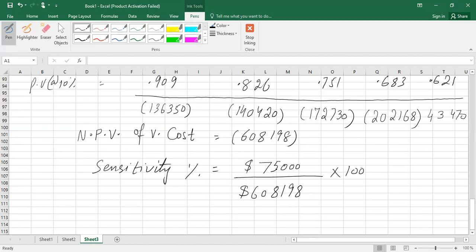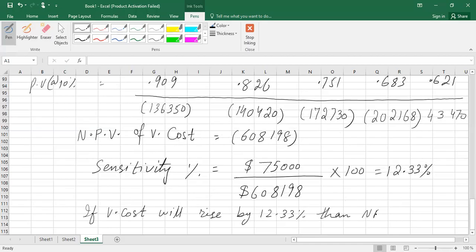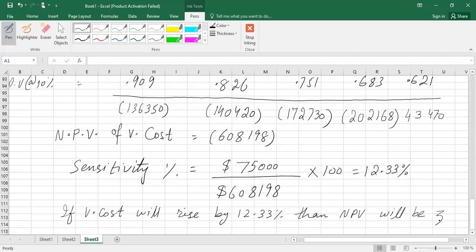So 12.33%. Here we will say if variable cost rises by 12.33%, then NPV will be 0.